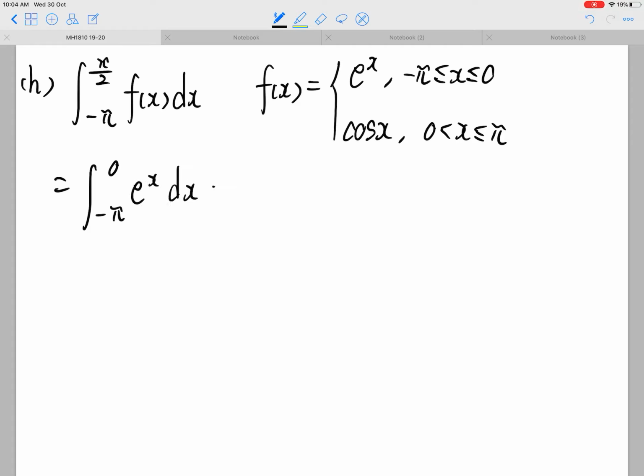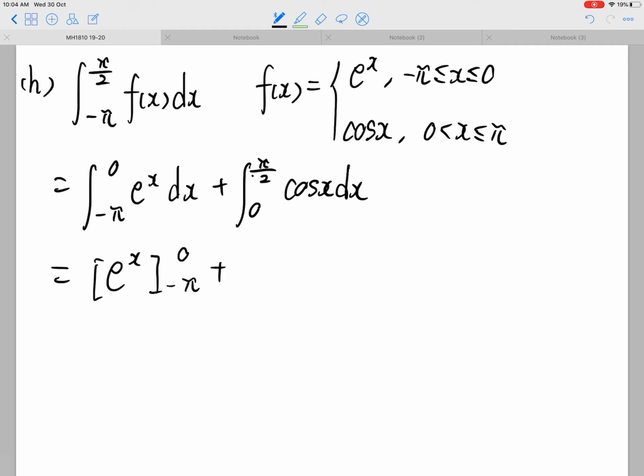The second part is from 0 to pi over 2, where the function is cosine x. The integration of e to the power of x is still e to the power of x, from negative pi to 0. Sine x's derivative is cosine x, so the integration of cosine x is sine x from 0 to half pi.